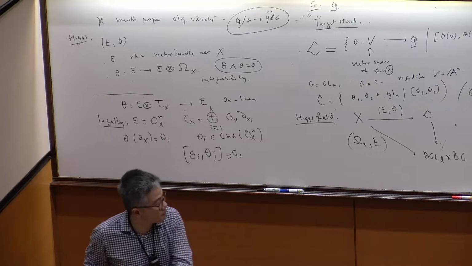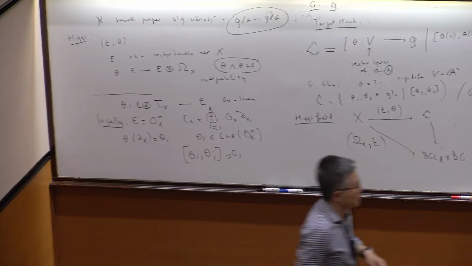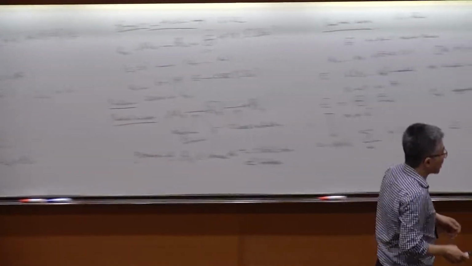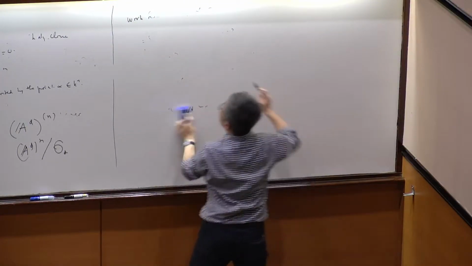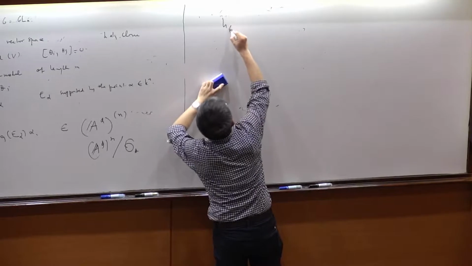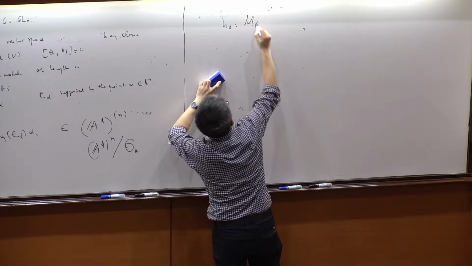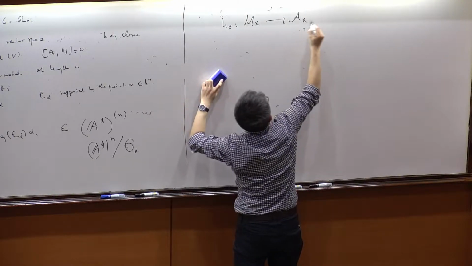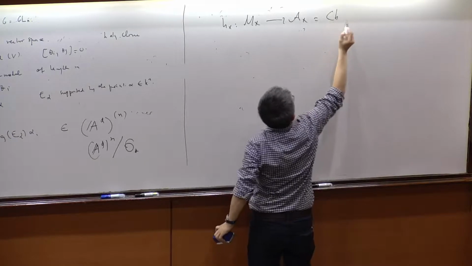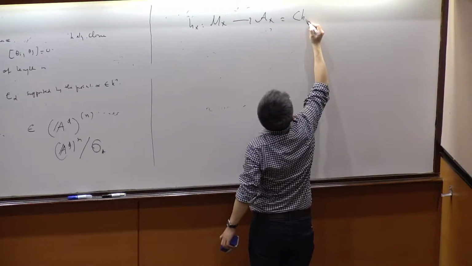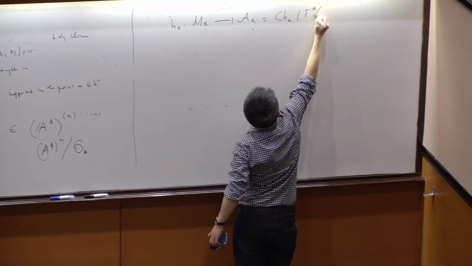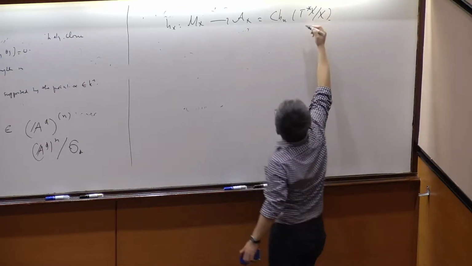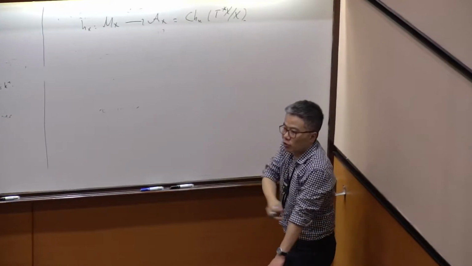Okay, so with this we actually have the map. You have the Hitchin map from M_X to A_X, where A_X is actually some kind of relative Chow n from the cotangent.